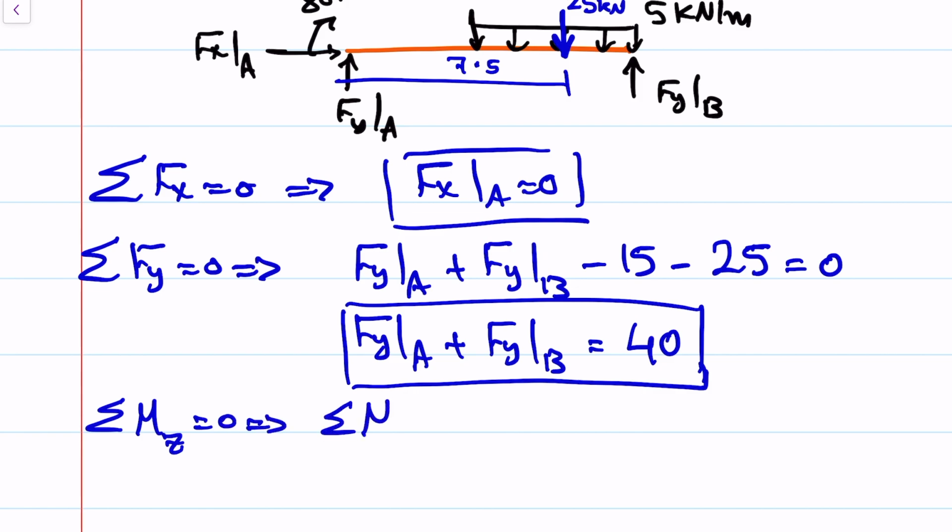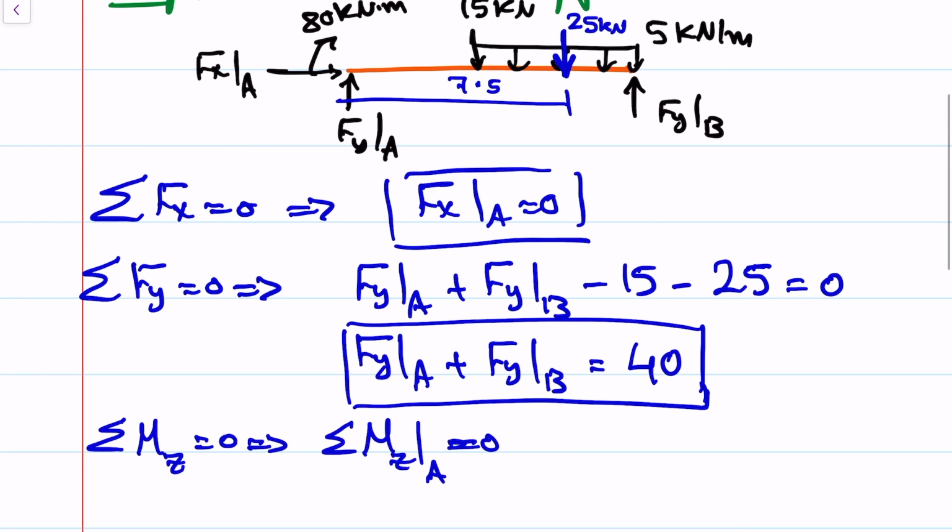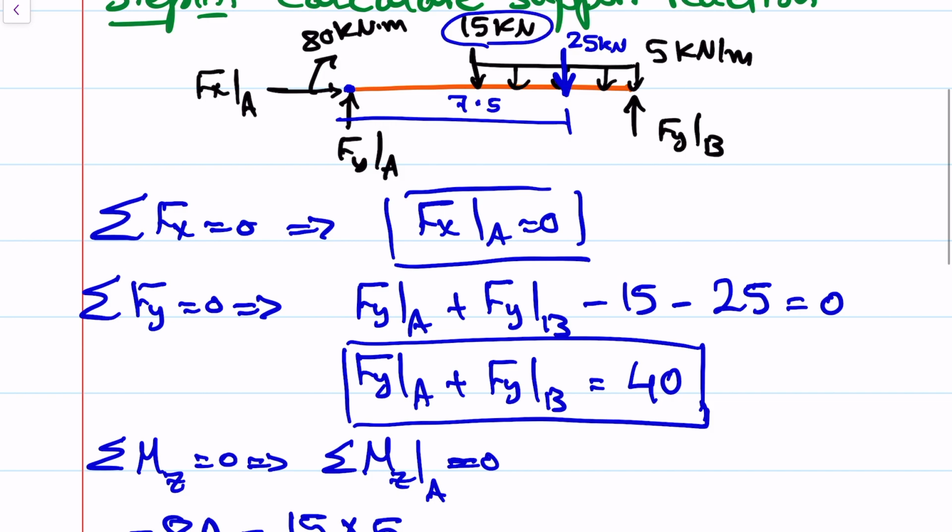Let's take the summation of moment about point A. Okay, so at point A we have the 80, and this is negative, and we have the negative 15 kilonewton times 5 meter, and this is negative as well.